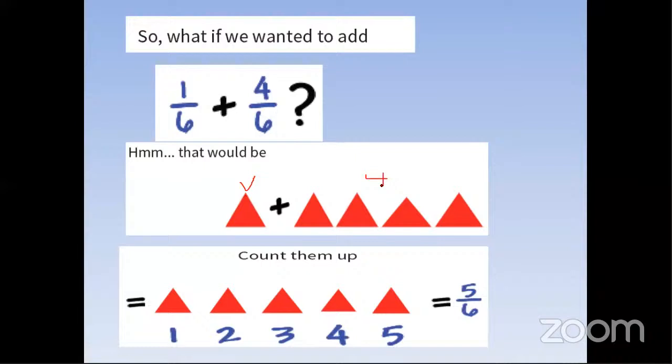When you total them up, you count them: 1, 2, 3, 4, 5. So you come up with 5 out of 6. So when you are adding fractions of the same denominator, you maintain the denominator, which is 6, and then you add up the numerator, which is the 5. That's what I wanted to bring across, okay?